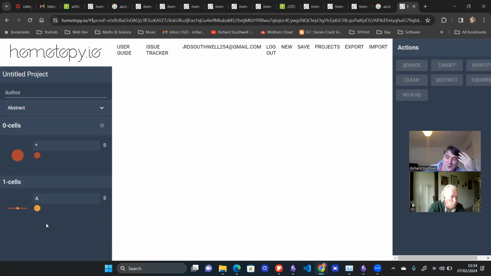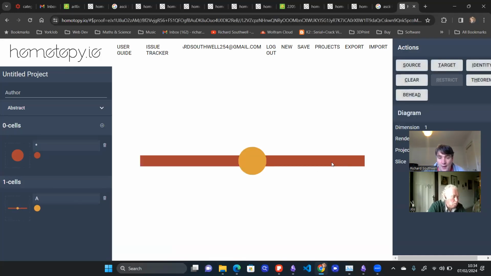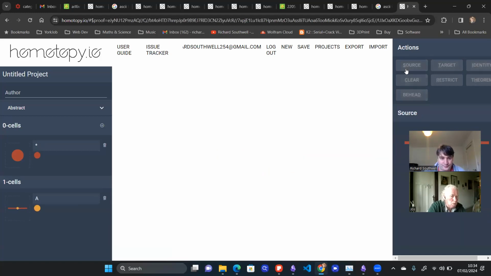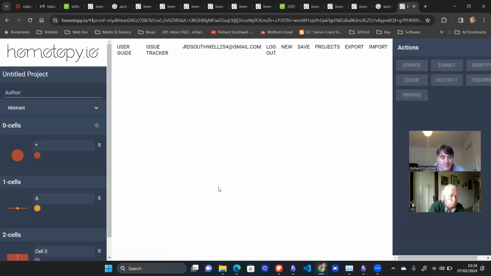We're going to imagine that there's something that takes in a couple of A's and then outputs an A. So we'll click on A and we'll compose A with A, and we'll say that's our source. And we'll click on A and click target.